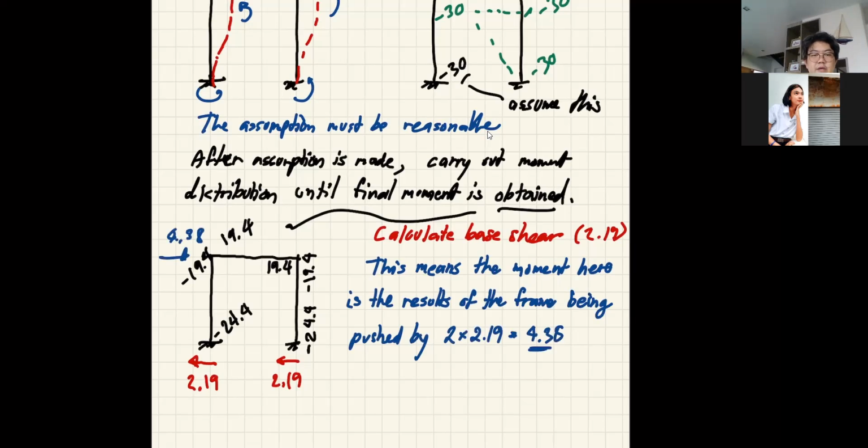So, in other words, the end moment that you assume will bring you to this. And these are the numbers based on the load that is equal to 4.38. If your frame is pushed by 4.38 kip, this is your end moment.